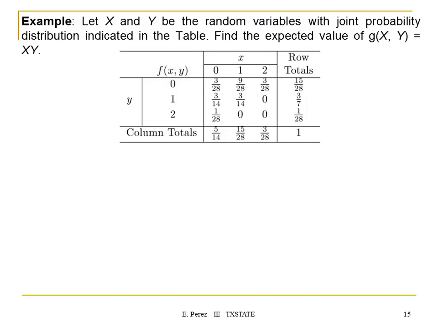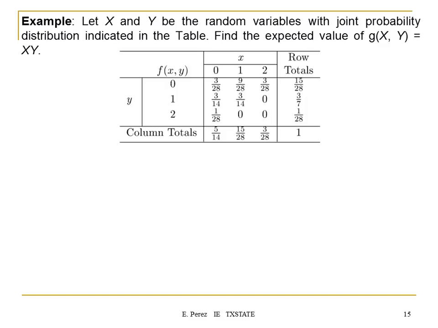And the values we have inside the table are the joint probability for, in this case, 0 and 0. The joint probability is 3 over 28. You should be familiar with this type of table already because we have been using it in class several times. So again, the values of y are listed in this column. The values of x are listed in this row. And the values inside this square are the probabilities corresponding to each value of y and x.